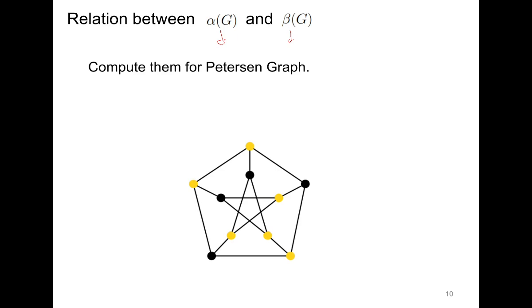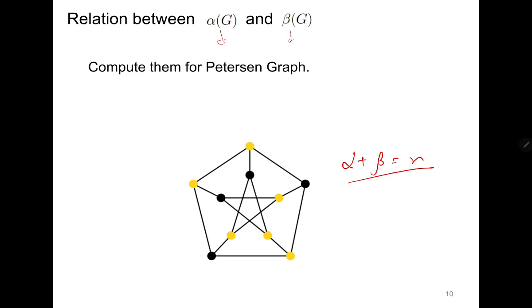So for the Petersen graph, the important observation is that the union of vertex cover and independent set is giving you the vertex set, which means that here alpha plus beta is equal to n. But how do we prove it?